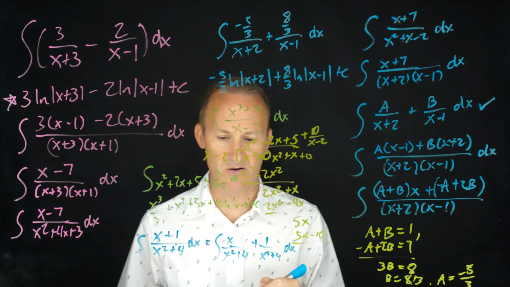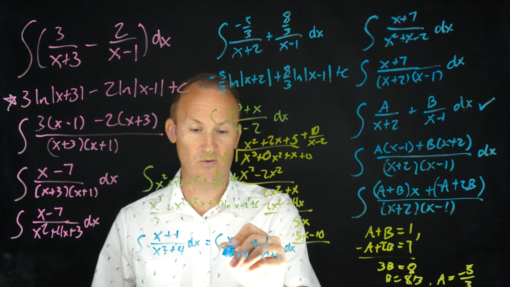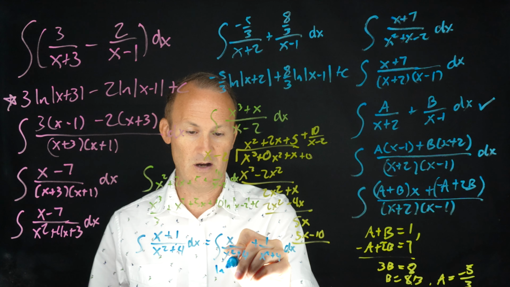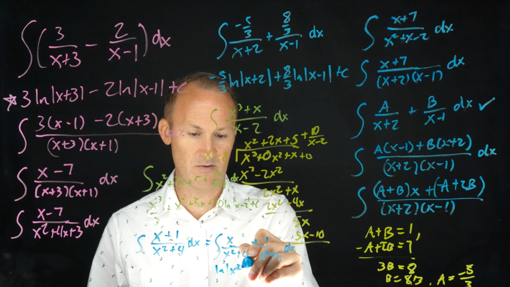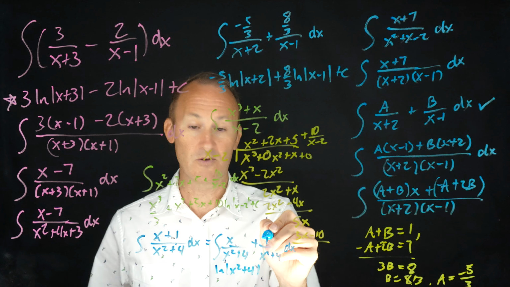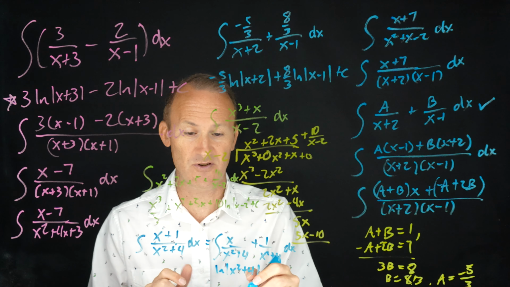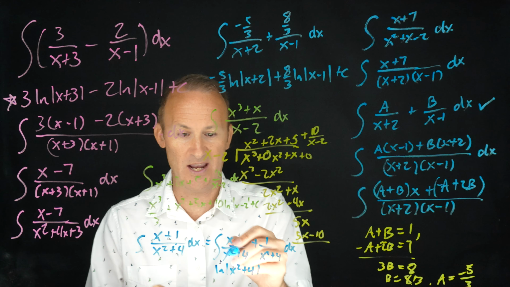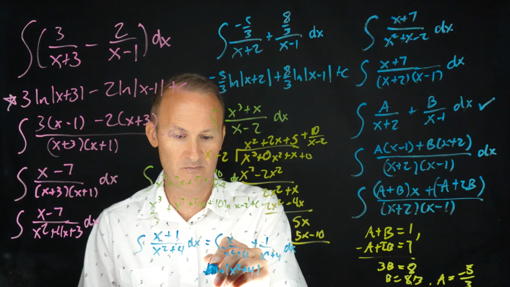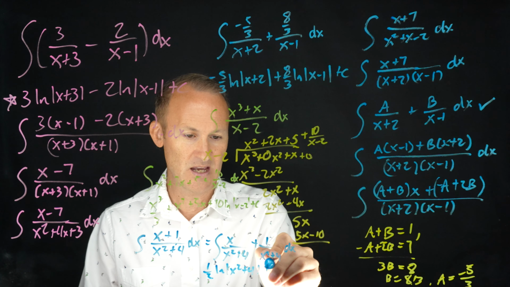And so to do these separately, okay, well, the first one is good, because if you take the natural log of x squared plus 4, you get 1 over x squared plus 4 times 2x. There's no 2, okay, so the 2 would cancel out with the 1/2. And the second one is actually a special form.